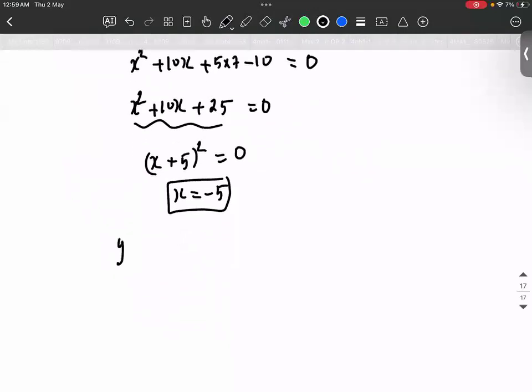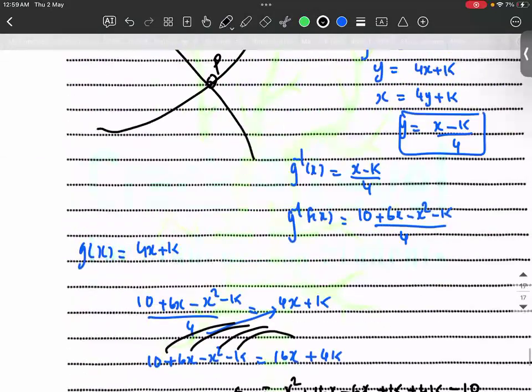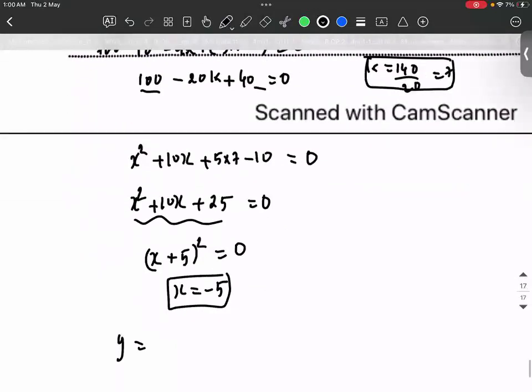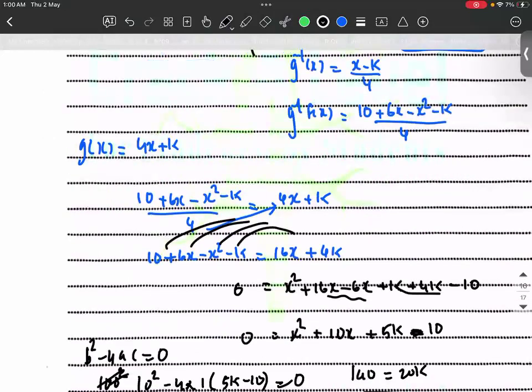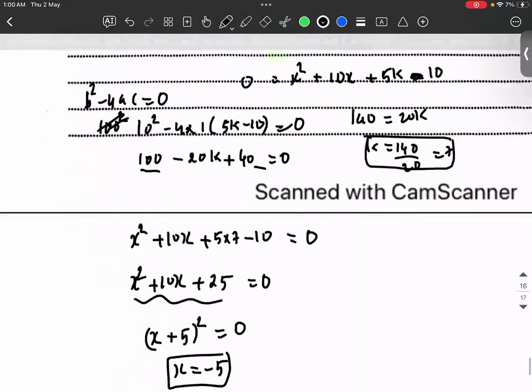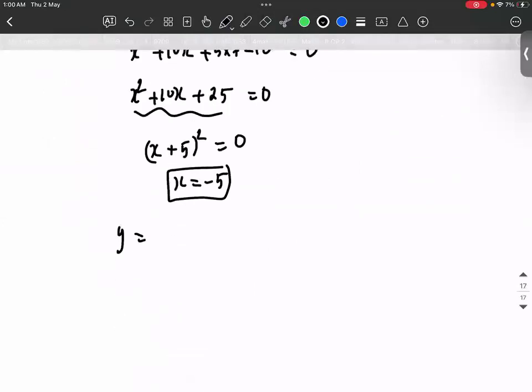How will you find the value of y? We can substitute in 4x plus k. Not (x minus k) by 4, my bad. That was our equation, right? So 4x plus k. 4 into x, which is minus 5, plus the k value, which was 7.